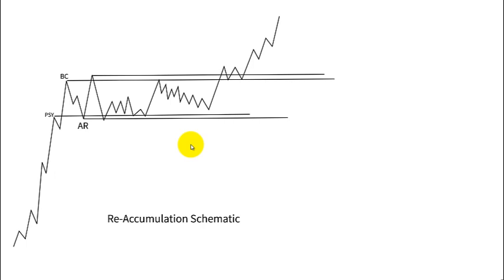Reaccumulation is basically a pause in an uptrend, and you can see that here in this schematic. You can see that there was an uptrend. So again, basically a pause in an uptrend, and it's another range of consolidation prior to the next breakout and the next leg of an uptrend for the most part.